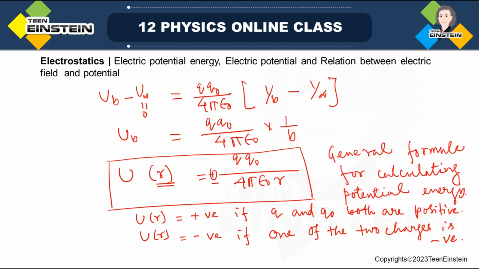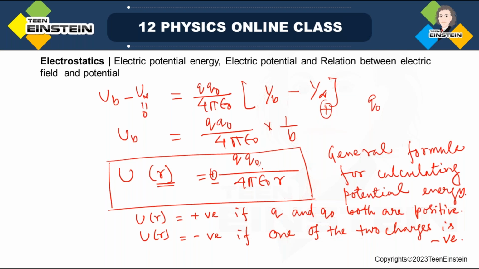But here see, while calculating the potential energy, it doesn't matter which charge was fixed and which charge was moved. If I would have said that q0 charge is there and q is displaced from one place to another, that will not make any difference in the expression.